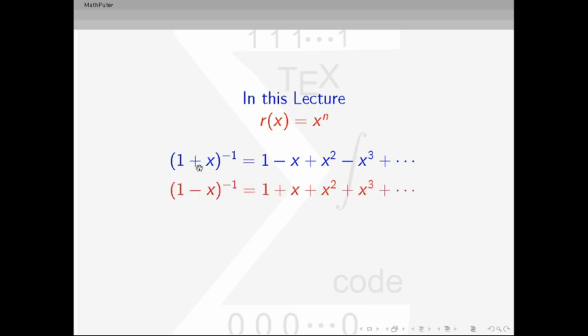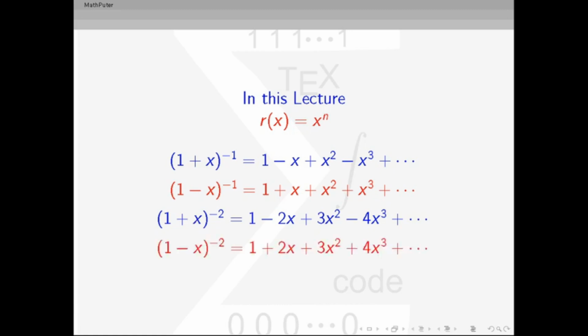The next is, in place of x I am writing minus x, (1 minus x) raised to minus 1, so this will be 1 plus x plus x square plus x cube. The next one is (1 plus x) raised to minus 2, which is 1 minus 2x plus 3x square minus 4x cube, and likewise (1 minus x) raised to minus 2, which is 1 plus 2x plus 3x square plus 4x cube and so on.